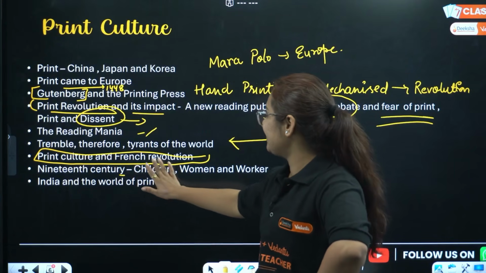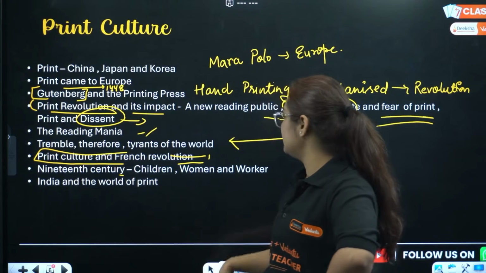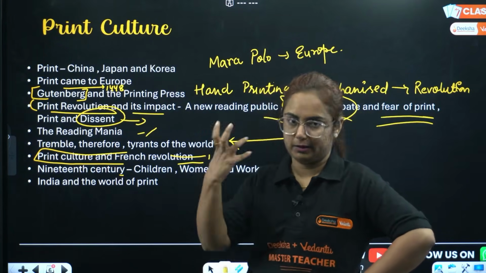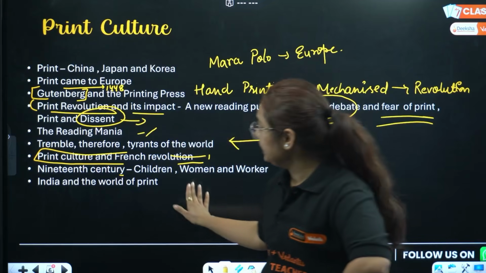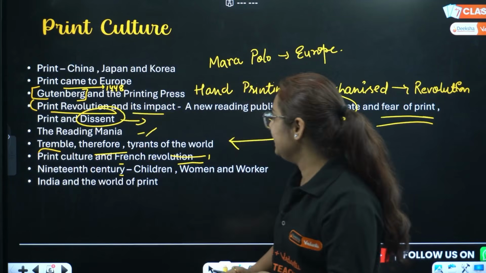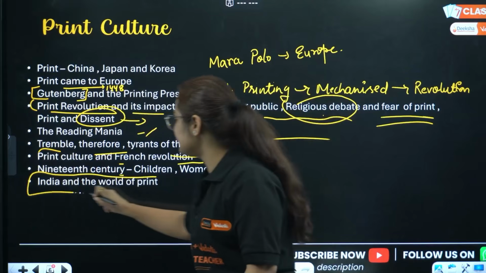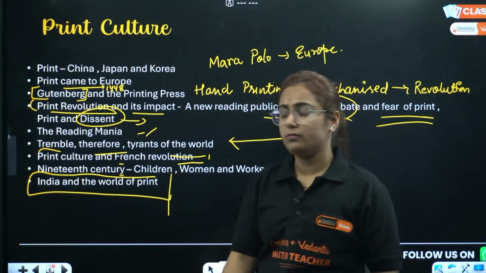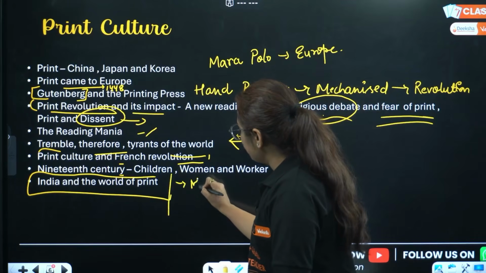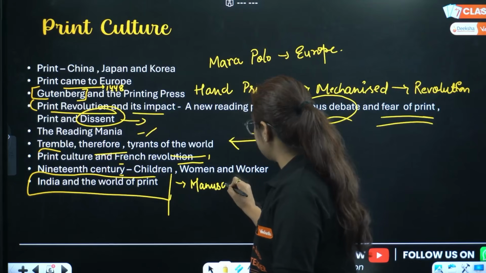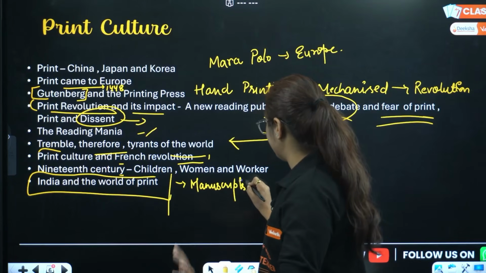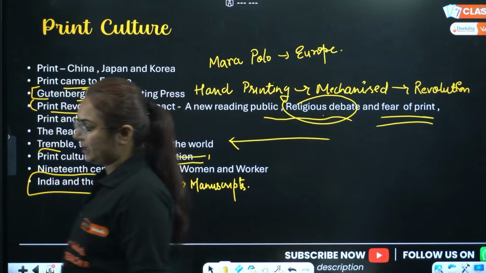In the 19th century, we have seen children, women and workers, the influence of print on them. And then comes a very, very important topic, that is India and the world of print. My dear students, India and the world of print. So initially in India also there were manuscripts, basically manu means hand, anything that's written by hand, right?